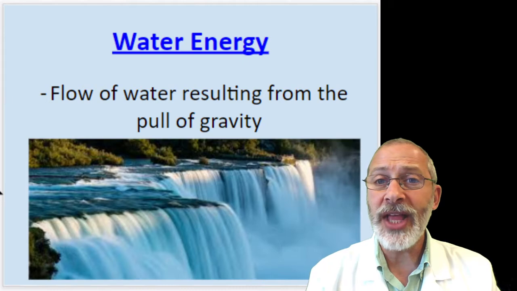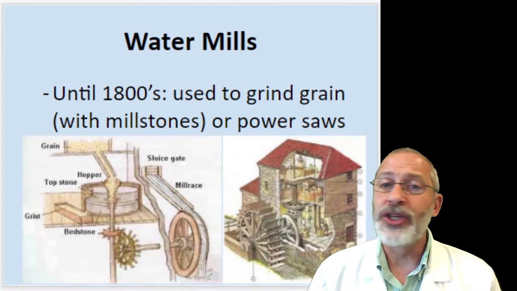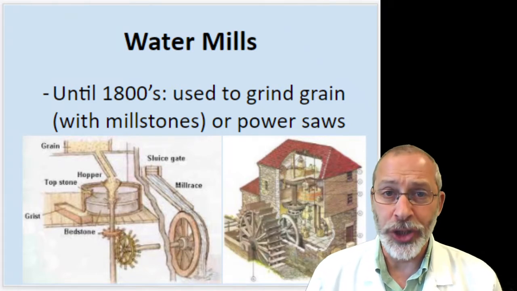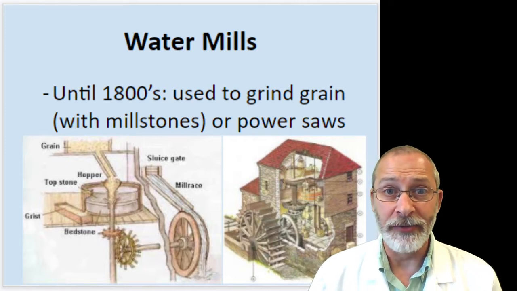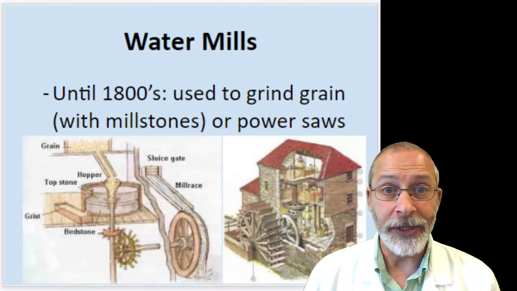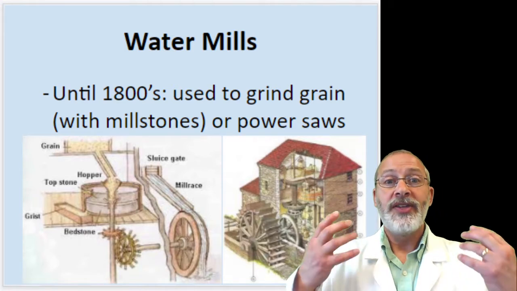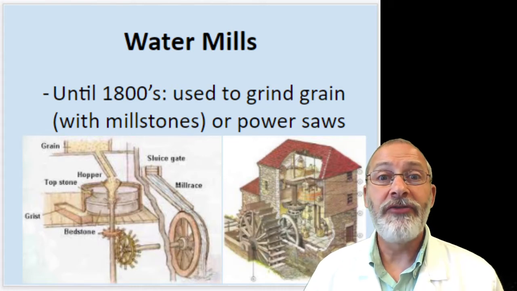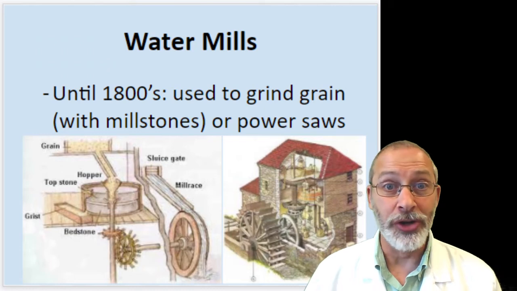Now, just like wind energy, water energy has been used for centuries and centuries. In fact, if you look at history, most civilizations settled in areas near flowing bodies of water, like near rivers.